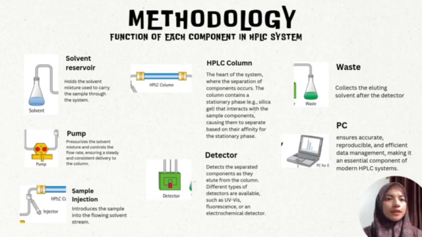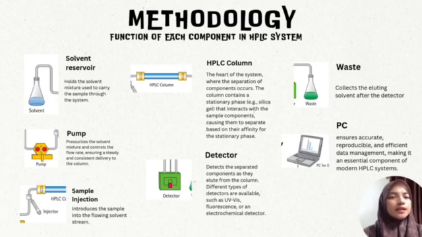Different types of detectors are available, such as UV-Vis, fluorescent, or an electrochemical detector. The second last is the waste, which collects the eluting solvent after the detector. And lastly is the PC, which ensures accurate, reproducible, and efficient data management, making it an essential component of modern HPLC systems.